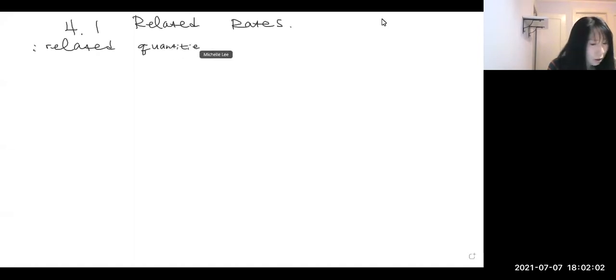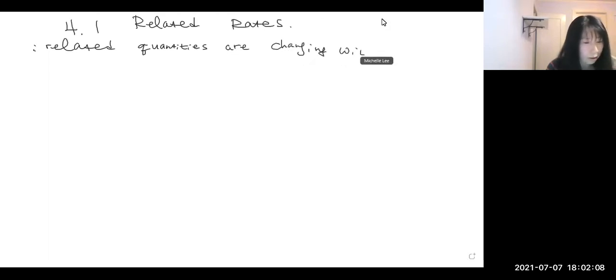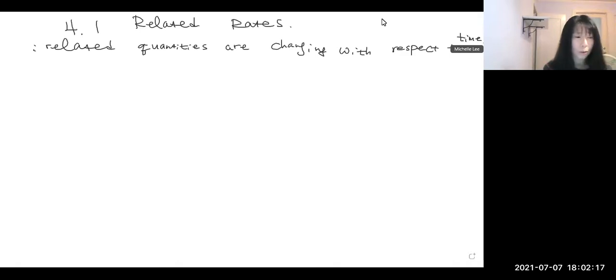Quantities are changing with respect to time. Okay, so they talk about the balloon, right? So we have a balloon.